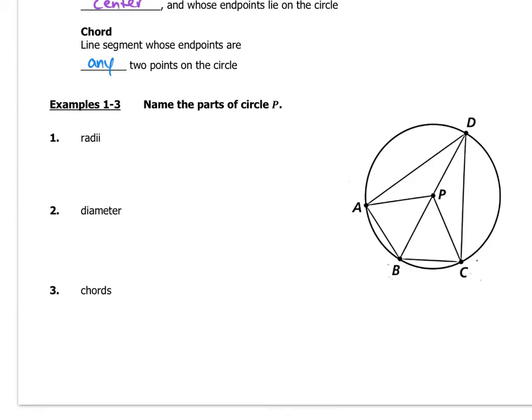Well, I see one line segment that goes from the center, point P, to point A. So this line segment here, line segment AP, would be considered a radius of the circle. There are other line segments, though, that do the same thing. For instance, line segment BP from the center to the point B is also a radius of the circle.